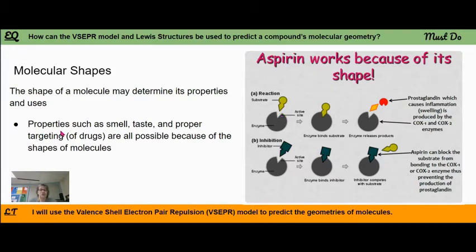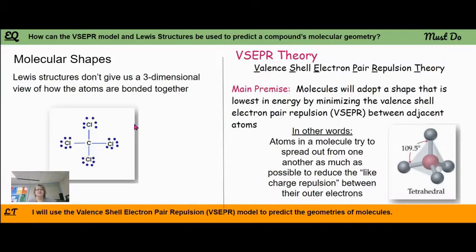Okay, so properties such as smell, taste, and proper targeting of drugs are all possible because of the shape of the molecule. Your Lewis structure doesn't give you a three-dimensional view of how the atoms are bonded together, but it can give you an idea.